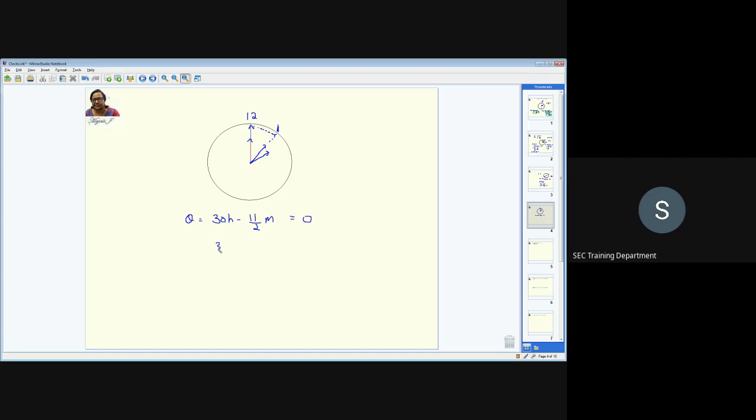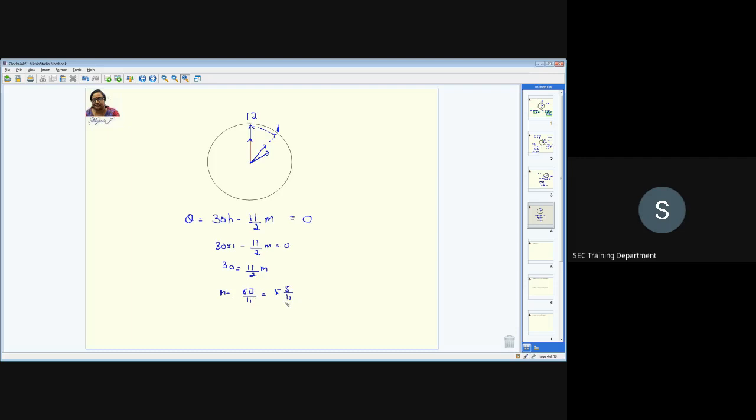So I'll replace that: 30 into 1 minus 11/2 m equal to 0. So 30 equals 11/2 m. So what is m equal to? 60 by 11. We can write it as 5 by 11: 5 times 11 goes 55, remaining is 5.